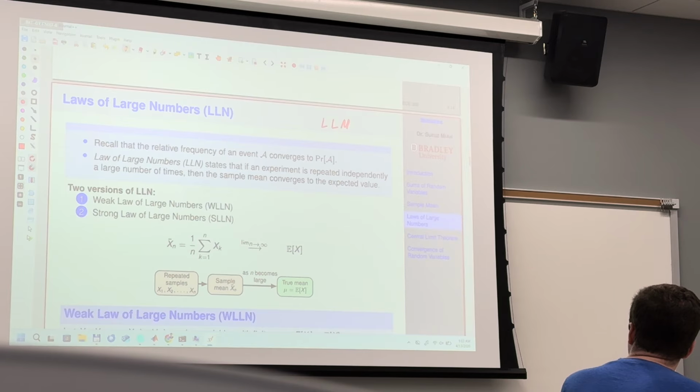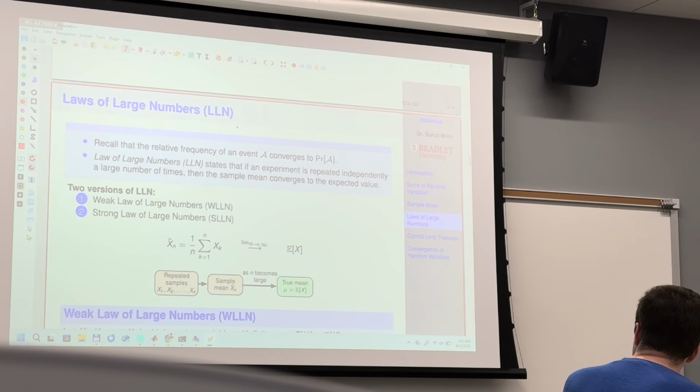But LLM is very close to this term, and this term was born many decades ago: LLN, laws of large numbers. So please don't get confused. This is large language model, and this is laws of large numbers. It's basically laws of physics, something like that. So, laws of large numbers.